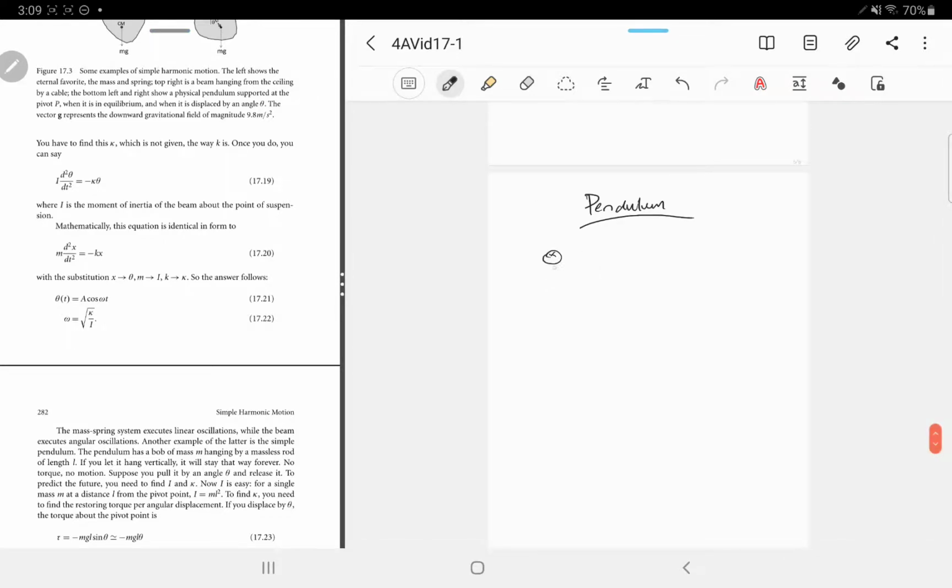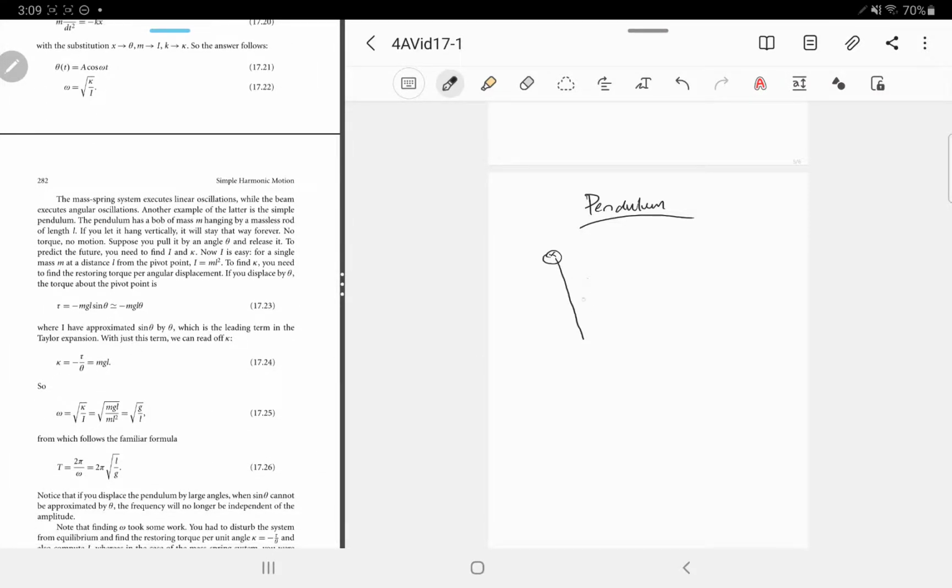We're just going to worry about a simple pendulum. So in other words, we have a string of length l, and all the mass is just at the end. So the moment of inertia would be ml squared. So we have just m that is displaced some angle.